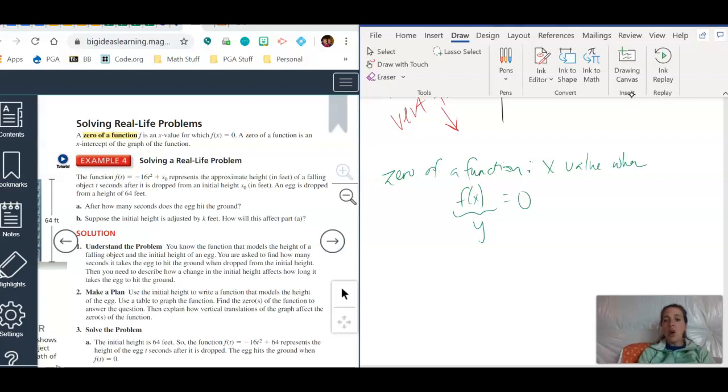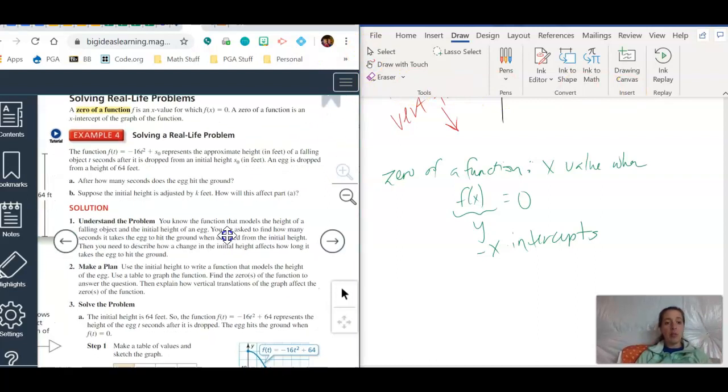So when that y value is 0, that tells me my x value. These are also called our x-intercepts. It's really important to notice that x-intercepts and zeros are interchangeable words, and you may see both of them.